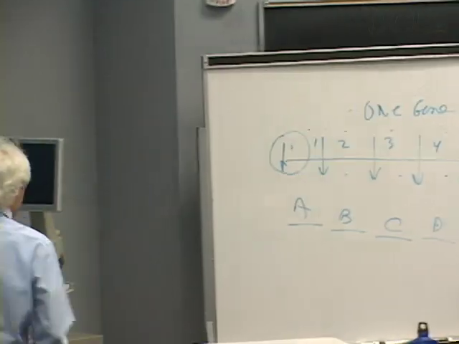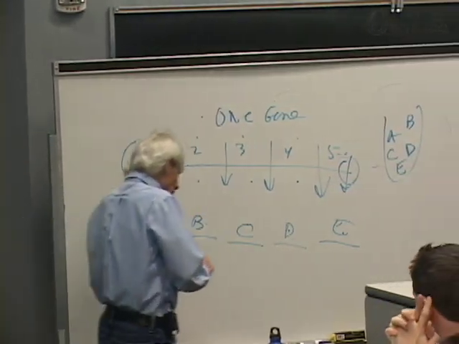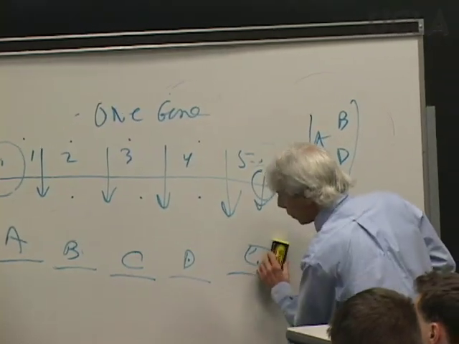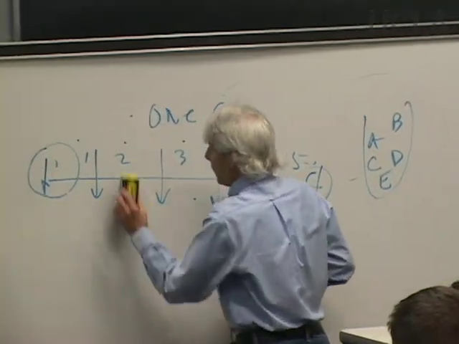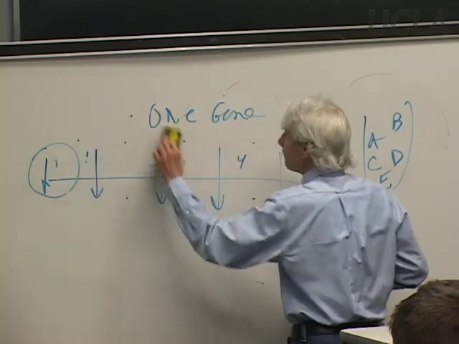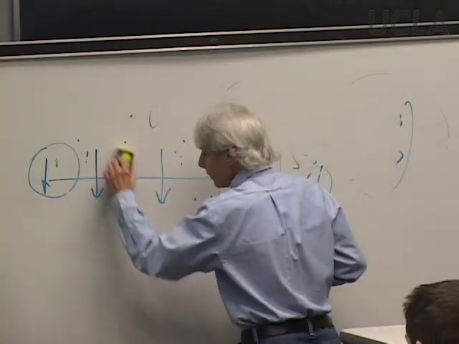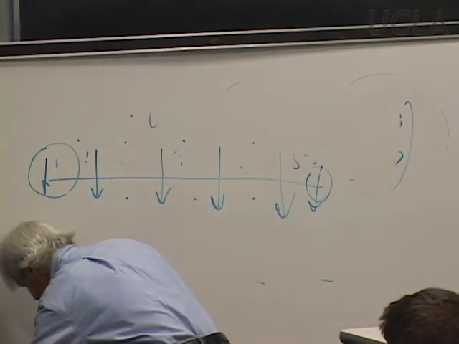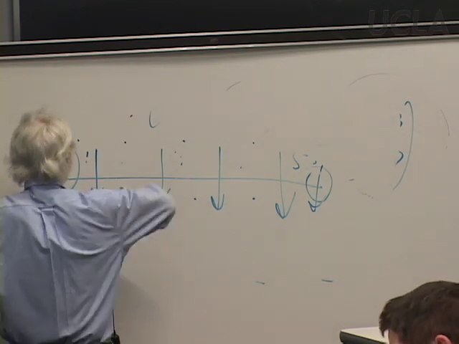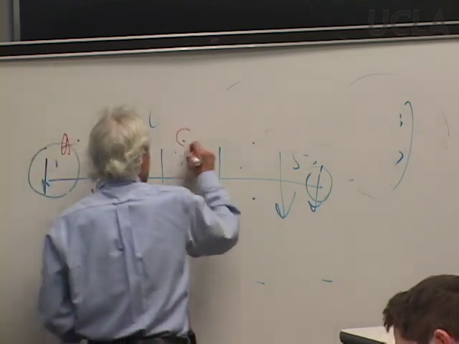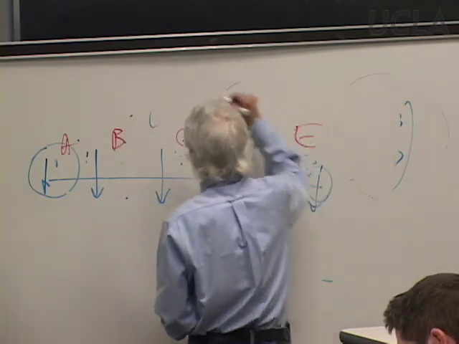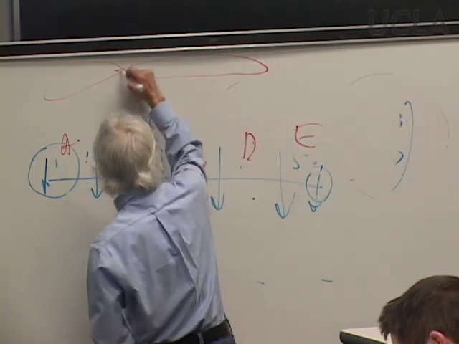OK, Lauren. What happens if I go back to my enzymatic reaction here? Same piece of DNA. OK, let's go back to the A, B, C, and D. A, B, C, D, E. That's in the chromosome inside the genome.